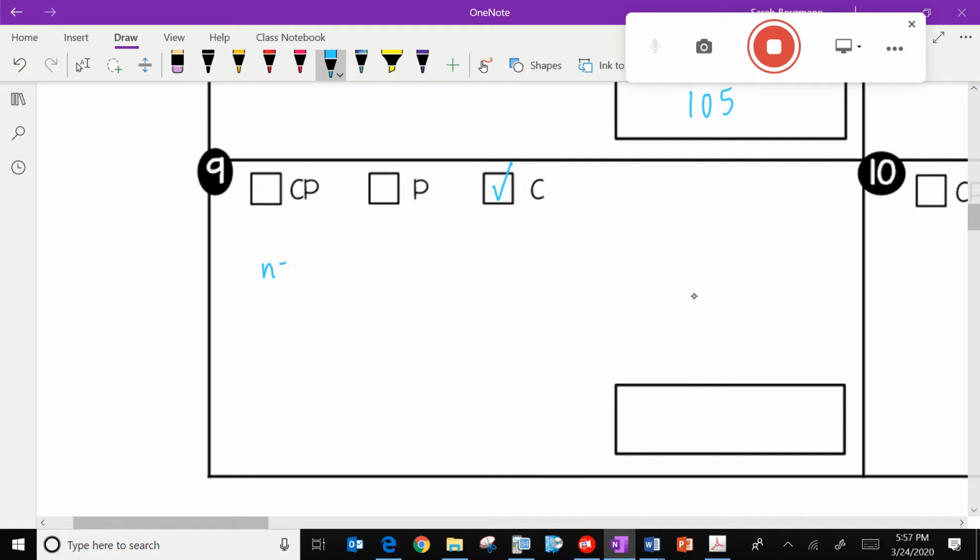So there are a total of 12 different flavors to choose from, and we want to pick out 3 different flavors. So to solve this, we'll do 12 choose 3. That gives us 220. There are 220 different ways that she could choose 3 flavors.